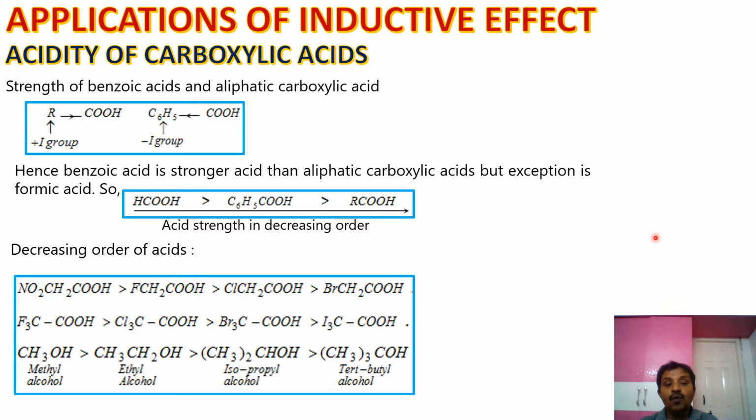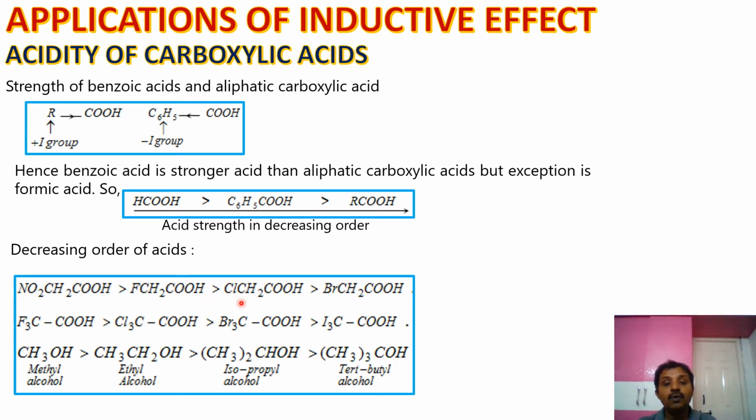The greater the power of the electron withdrawing group, the greater the acidity. NO2 is a stronger electron withdrawing group compared to fluorine. Acetic acid substituted with the NO2 group acts as a stronger acid compared to fluoroacetic acid.